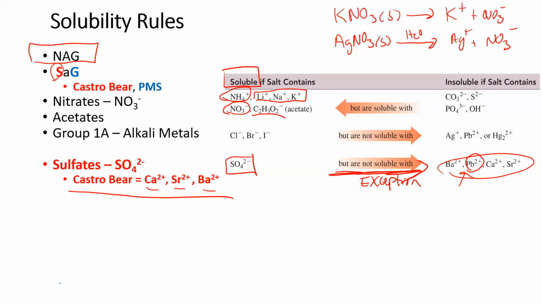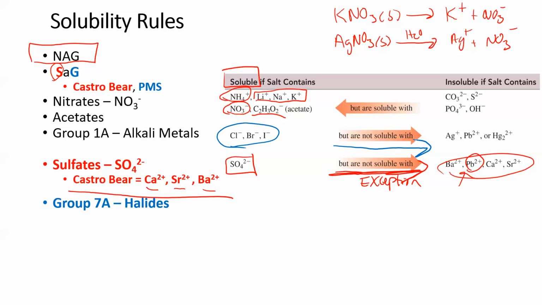So what's the rest of SAG? Notice the A is lowercase because there's not like an acetate or another type of ion. Okay. So the other solubility rule is group 7A, the halides. And the halides are soluble as well, but just like sulfates, the halides have exceptions. So what exceptions do the halides have?